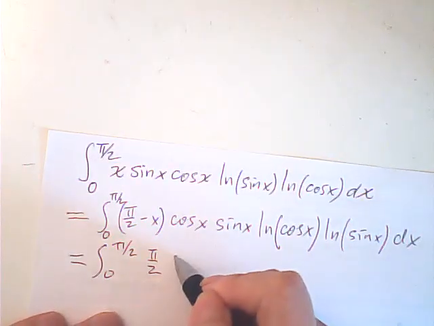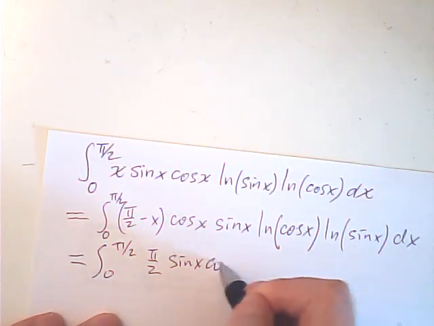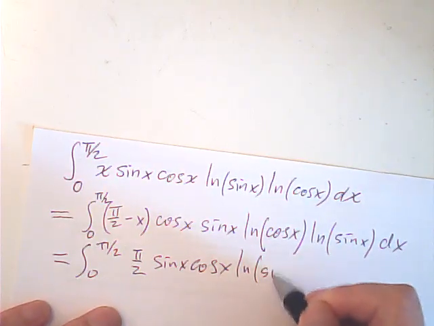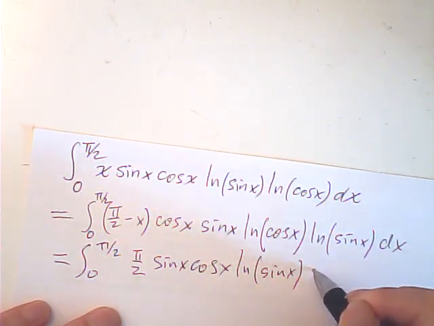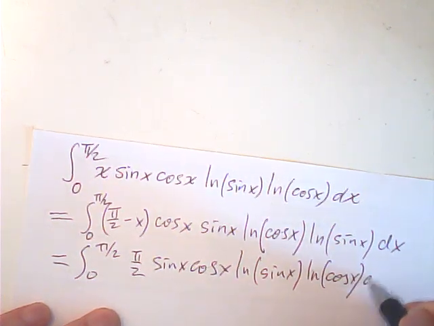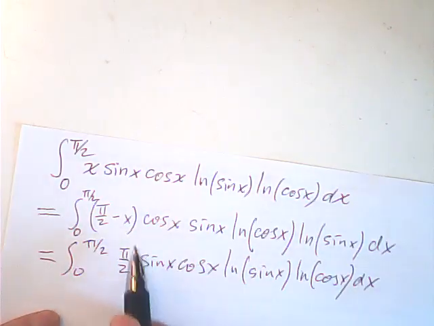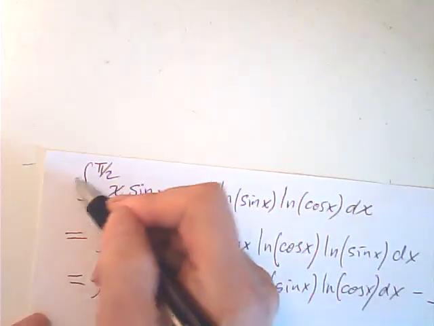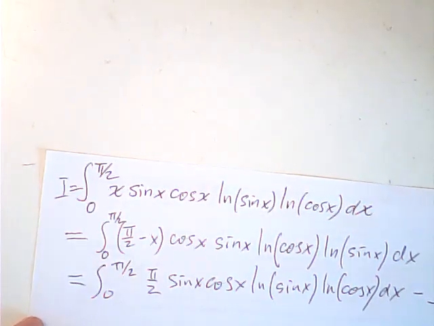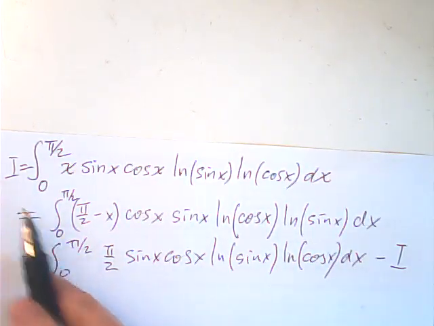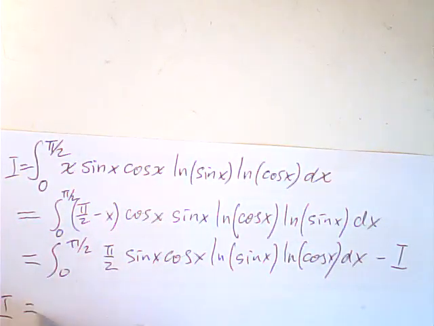Now let me put it in order: sine x, cosine x, log sine x, log cosine x dx. This time, this one is exactly my target integral. So when I move I over there, I get I is 1/2 of that, right?